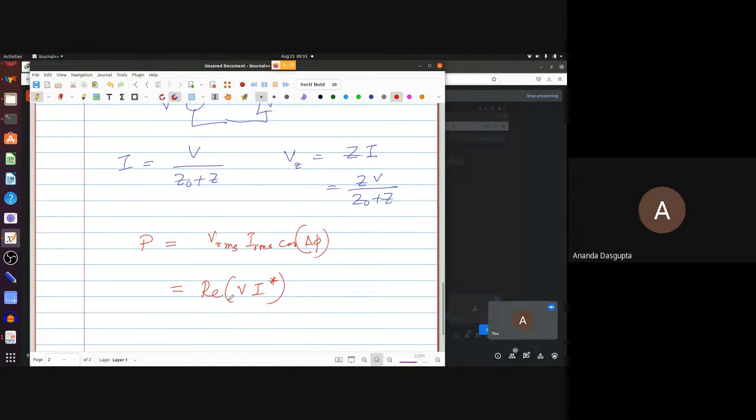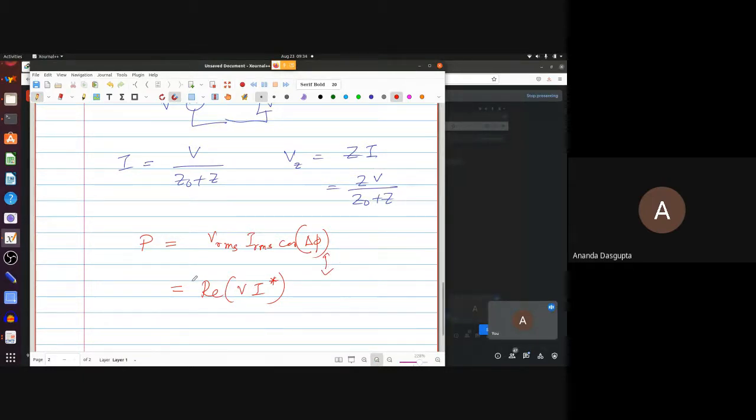So what you really need to do is fall back on this. This is easier. Take the voltage, take the current's conjugate, or take the voltage conjugate, multiply it by the current, and take the real part at the end. Everybody agrees that these two things are the same.